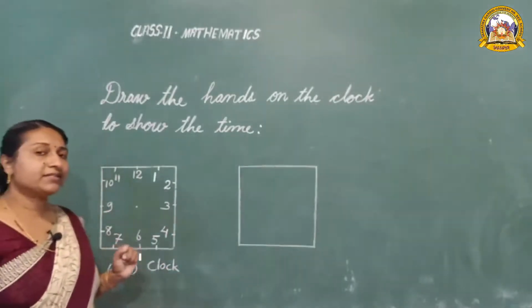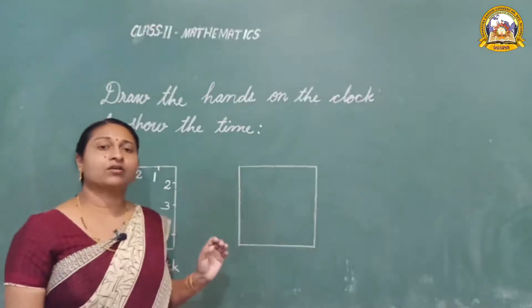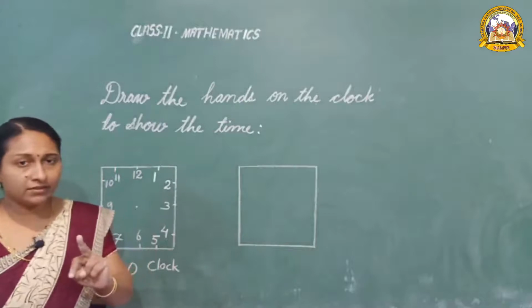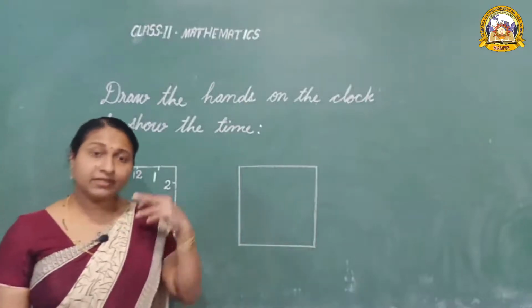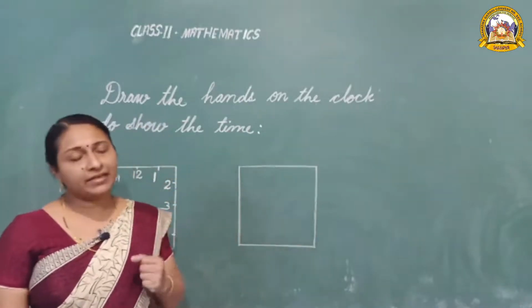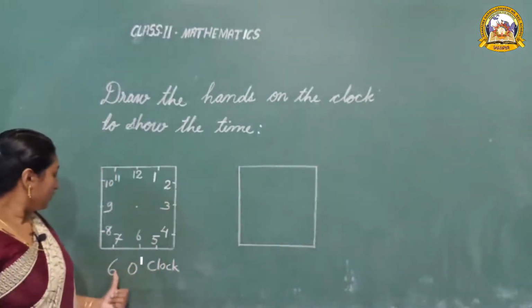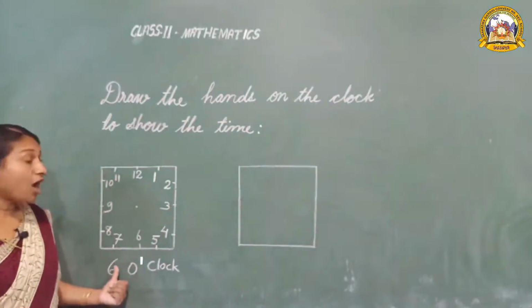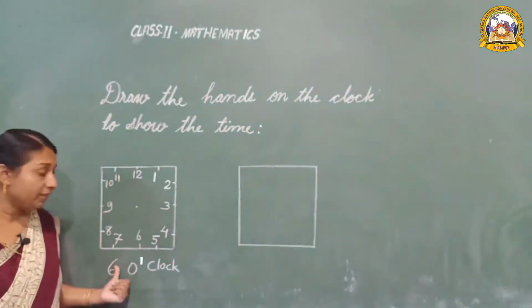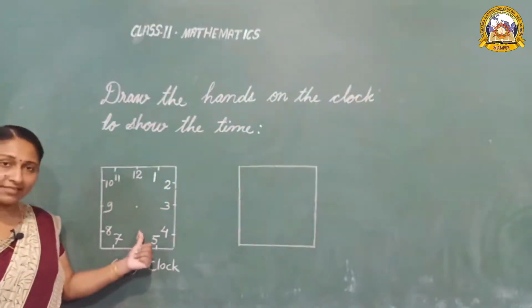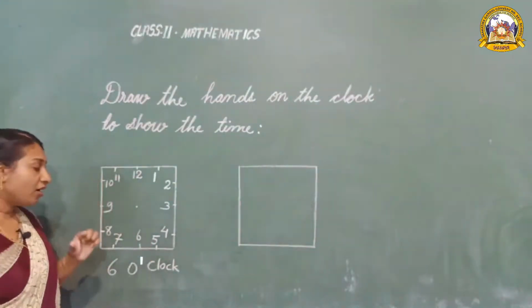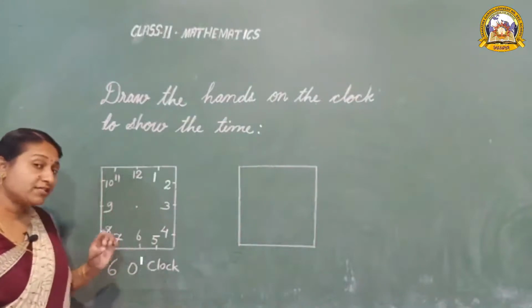How many hands can we see on a clock? Generally we can see 2 hands. One is the hours hand, then second, the minutes hand. When we tell 6 o'clock, the hours hand should be at 6. Hours hand means the shortest hand. Hours hand, shortest hand.